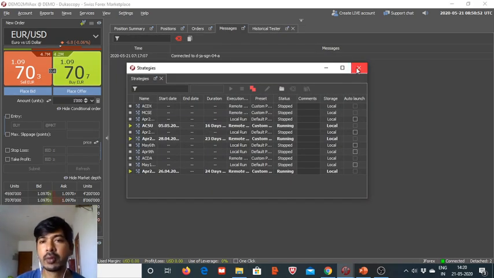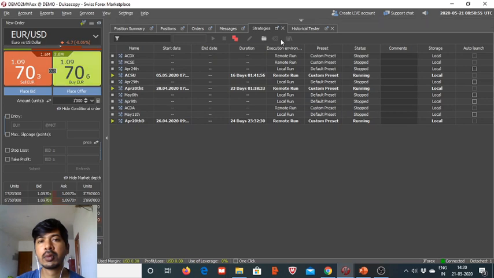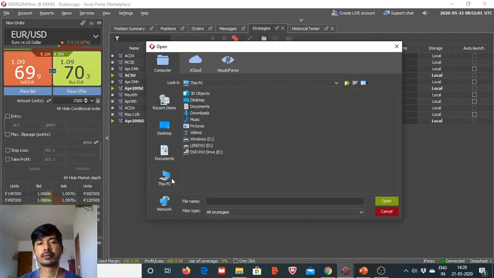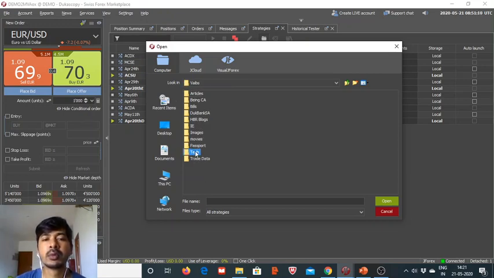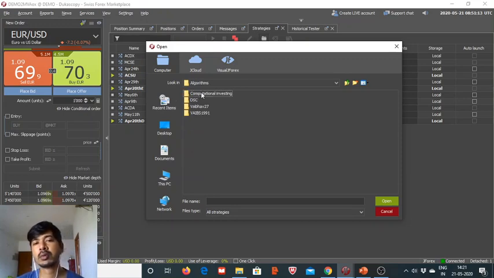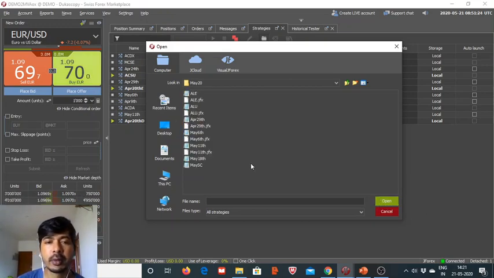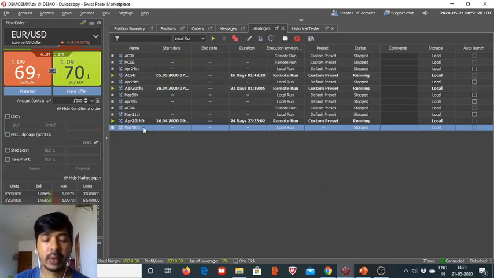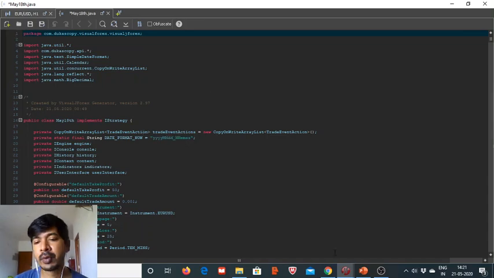So now, open, and this is our file. We need to compile it first.